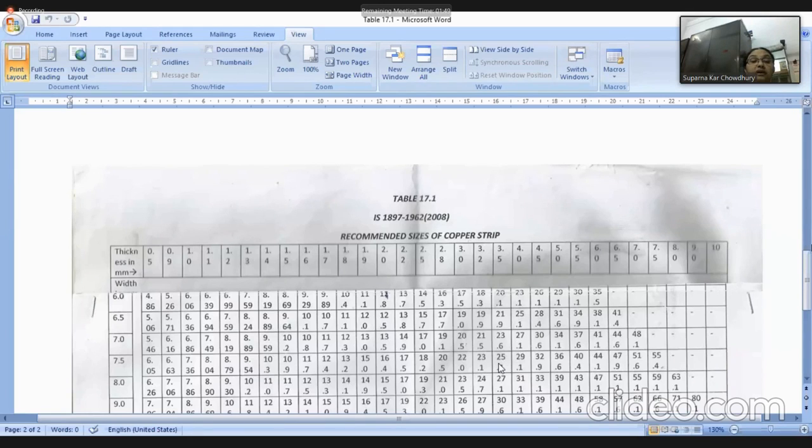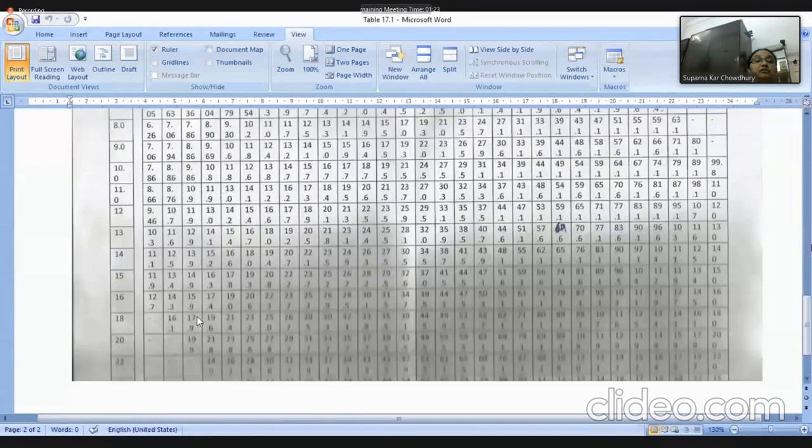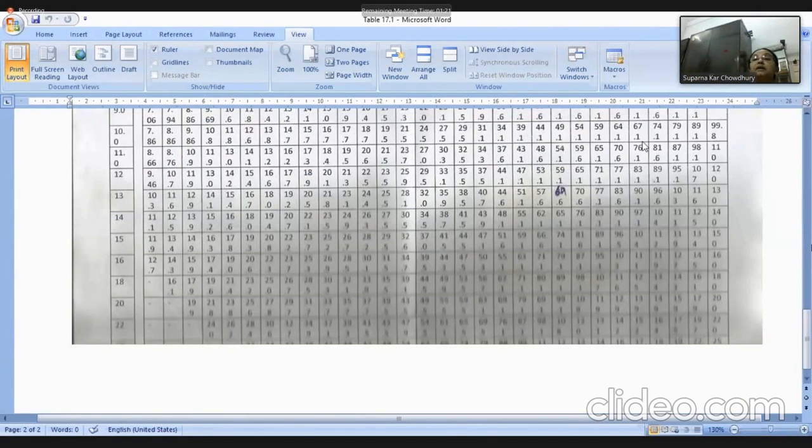So see this one, 7.5 by 3.5. This ratio is more than 2, so we can select this one. So your B will be 7.5 and W will be 3.5. So this is the conductor table, a scan copy I have given.